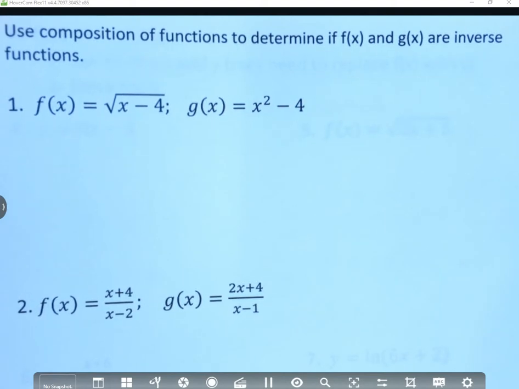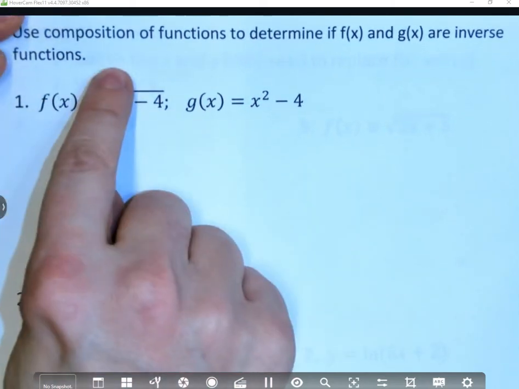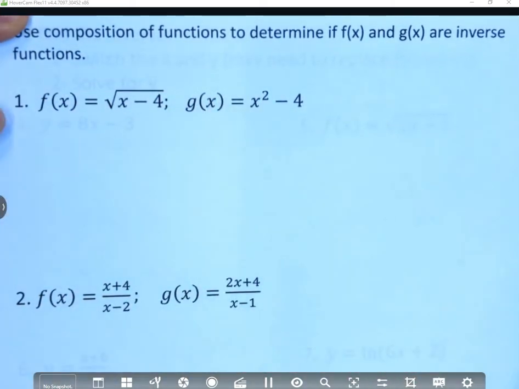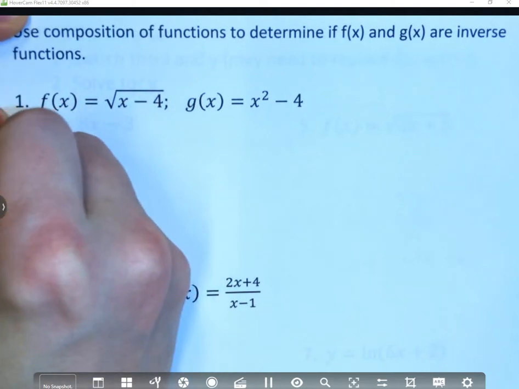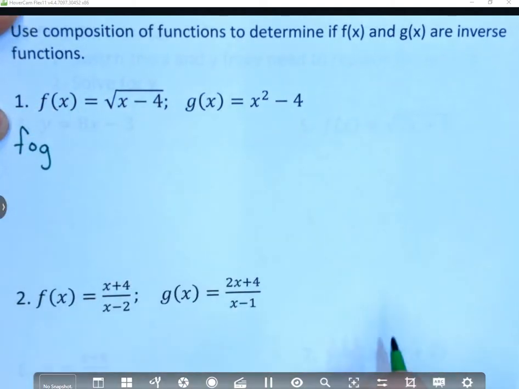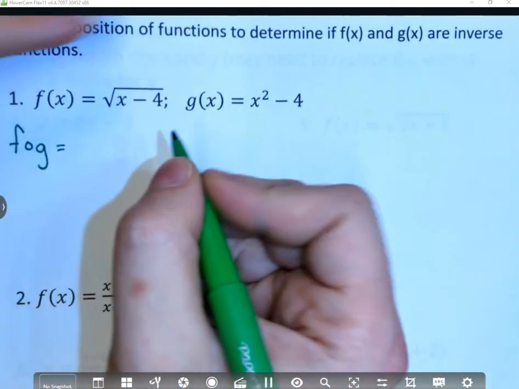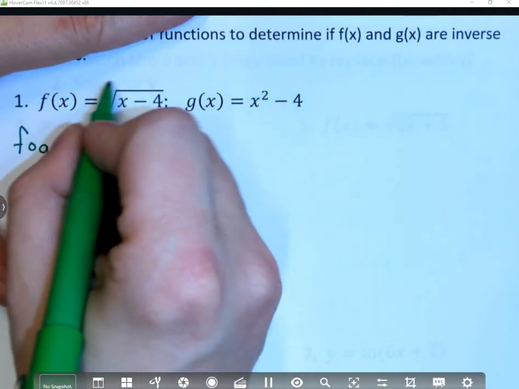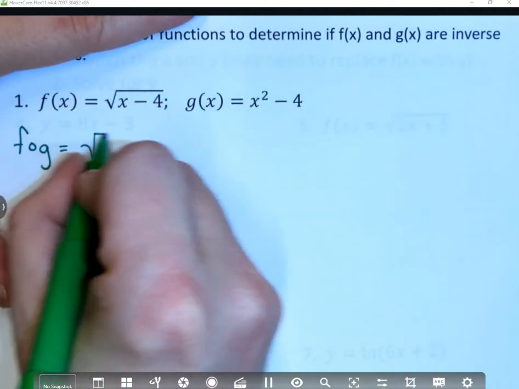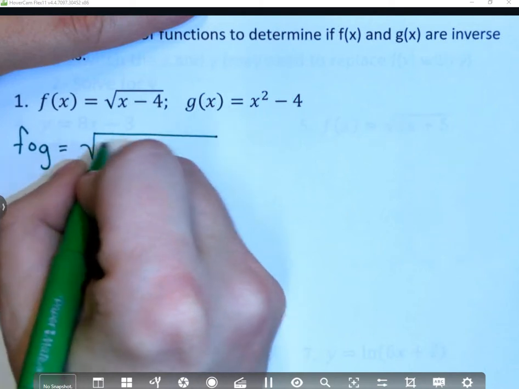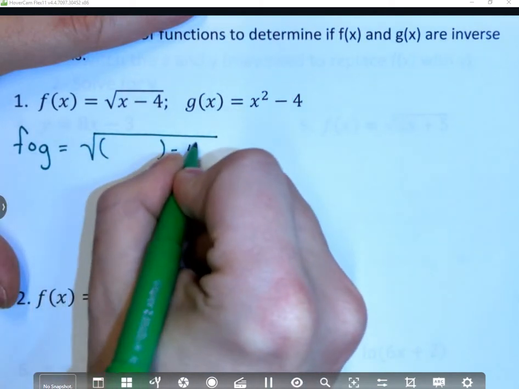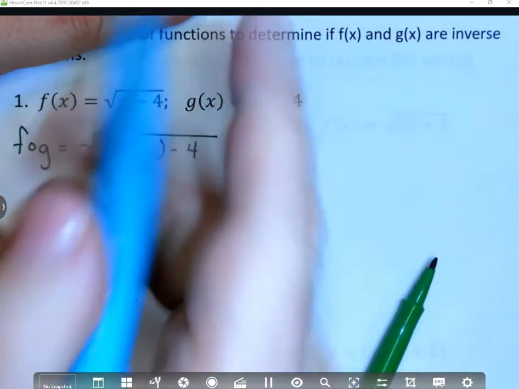Problem number 1, we're just using compositions. So that means I'm going to start with whatever one you want. I'm just going to do f of g because I want to. That means I am going to start with f, and in goes g.